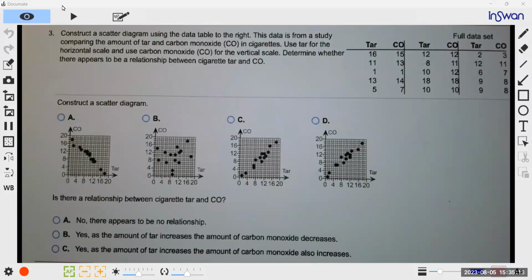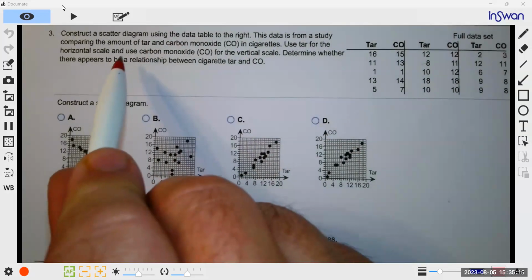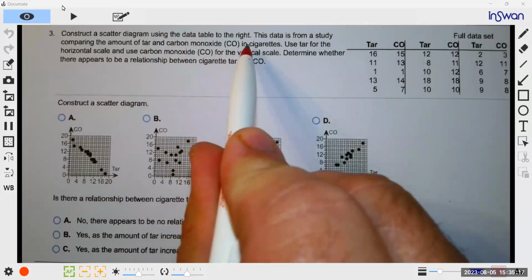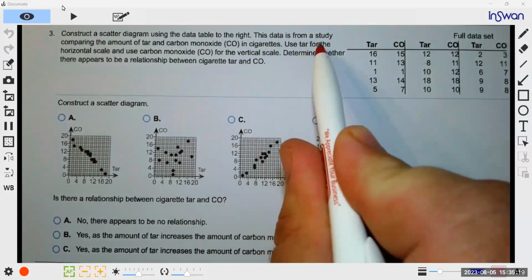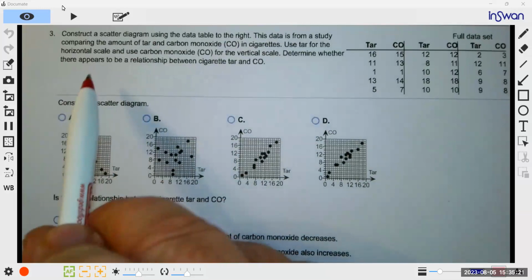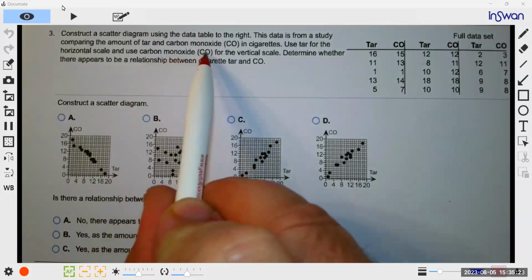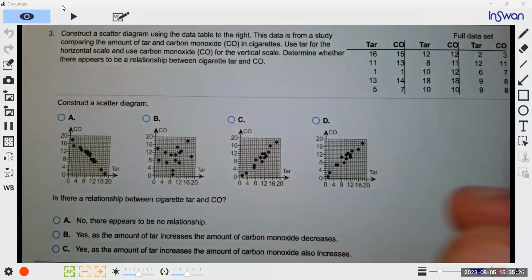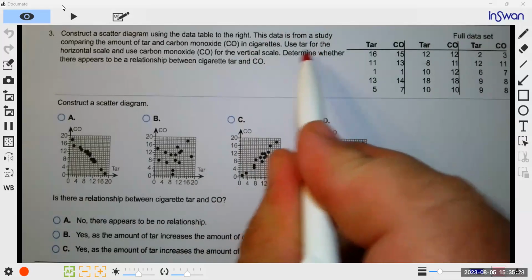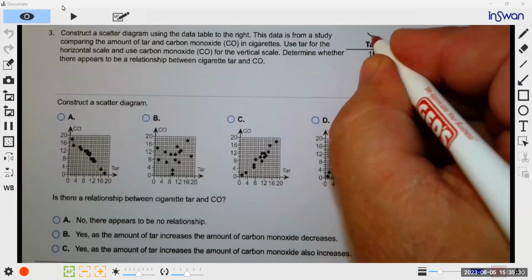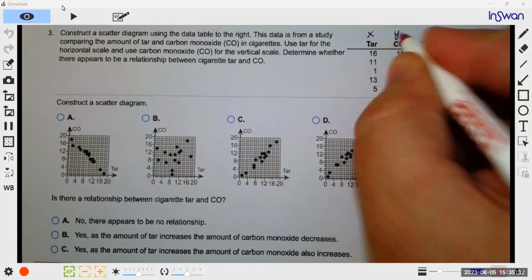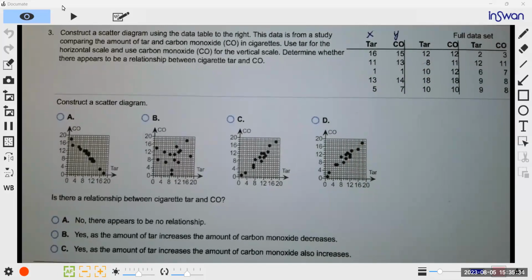All right, number 3. Construct a scatter diagram using the data table to the right. The data is from a study comparing the amount of tar and carbon monoxide in cigarettes. Use the tar for the horizontal, so tar is the x-axis and carbon monoxide is the y-axis.